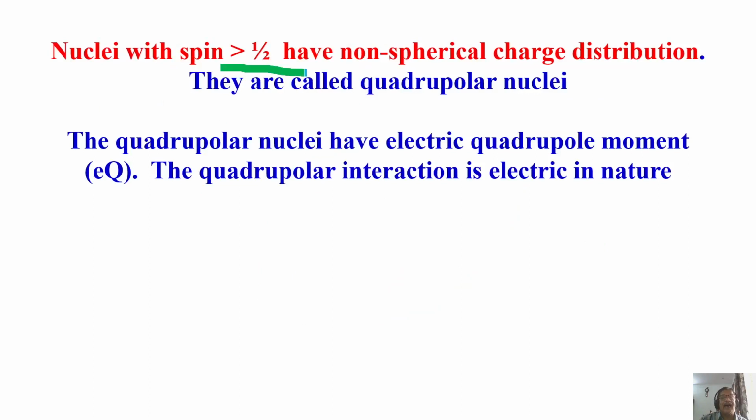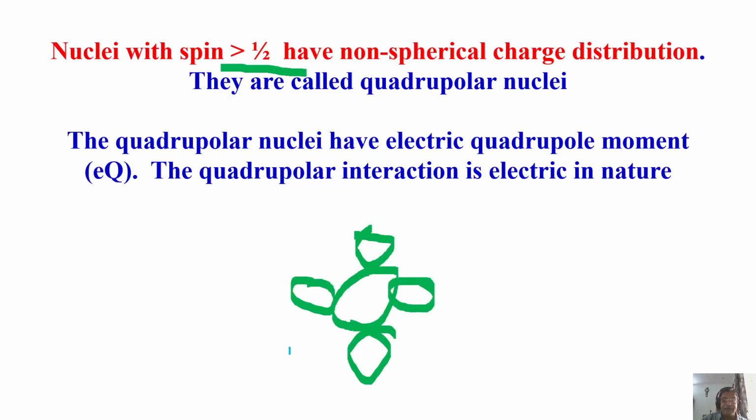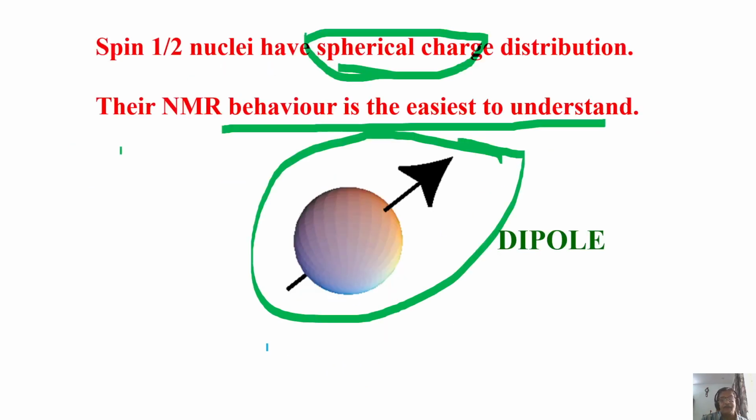Spin greater than half do not have spherical charge distribution. The charge distribution has a different shape, like a spheroid, like an ellipsoid. The charges are distributed differently. Here is plus, plus, minus, minus. Whereas in the previous example, you see only two charges, this is plus, this is minus. So only two poles are there.